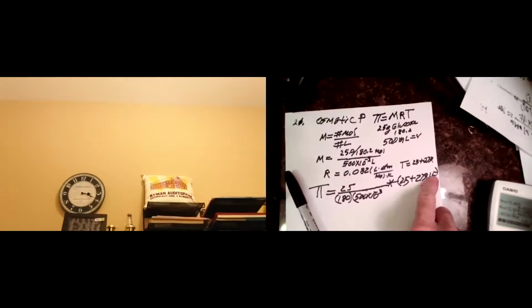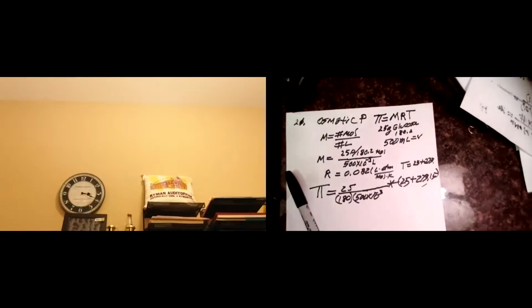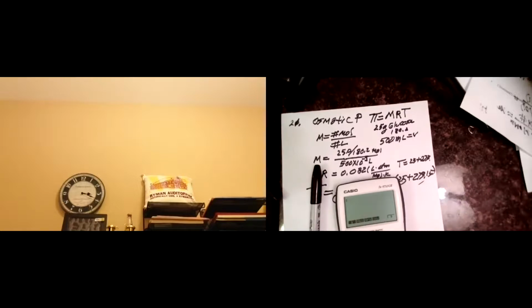What I'm going to do is work out this first. So I take 25 plus 273.15 and push equal. Now I need to multiply that by 25, divide it by 180 and divide it by 500 times 10 to the minus 3.